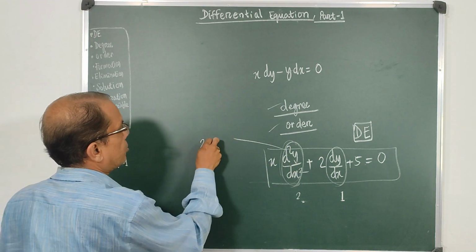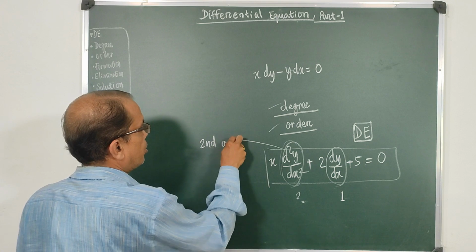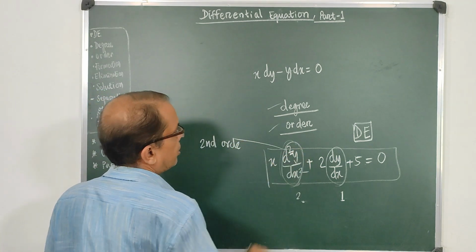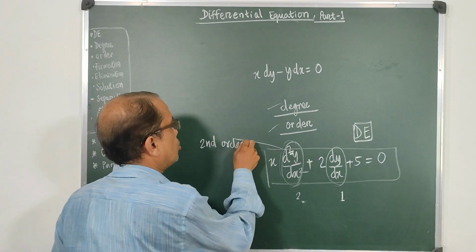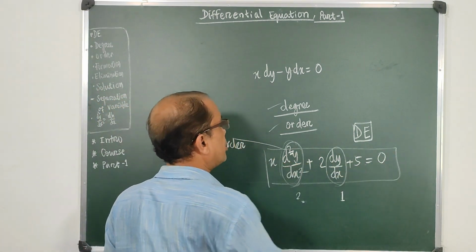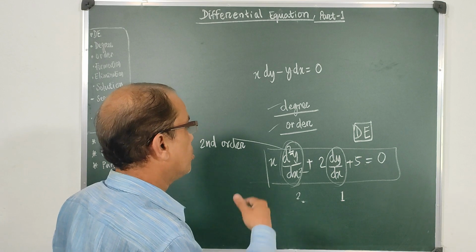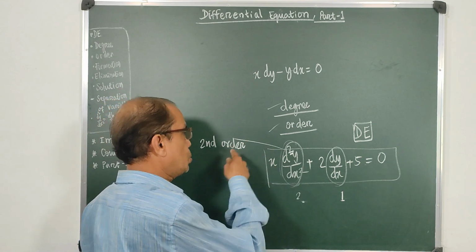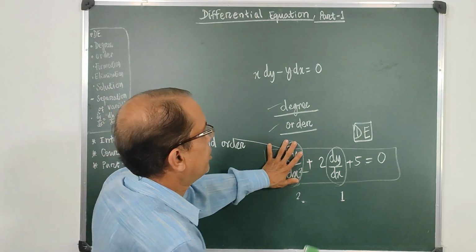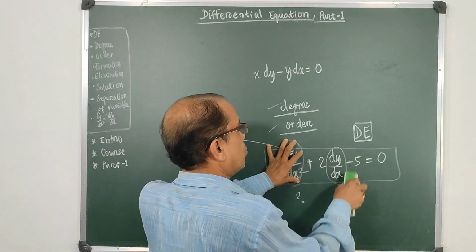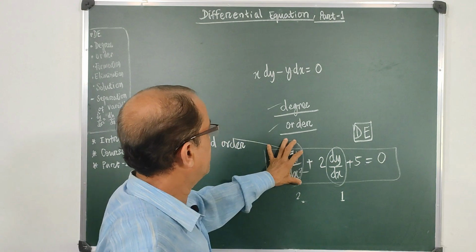So second order. Why? Because it is a second order derivative, or second successive differentiation has taken place. So in any equation in which the maximum number of successive differentiations is 2, it is a second order equation. And if this term is omitted, it will be first order, because this is only a single dy/dx.